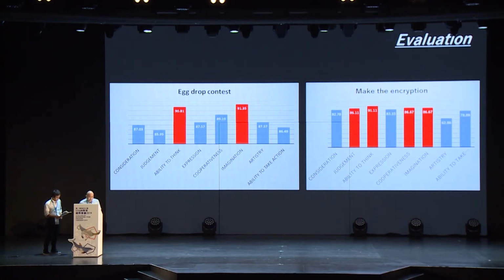Many students highly evaluate all the items in the egg drop contest. Thinking skills and creative minds are the highest among them. Students think that decision-making skills, thinking ability, collaborative mind, and creative thinking are fostered in the creating encryption codes activity.